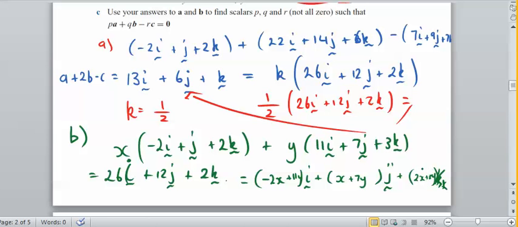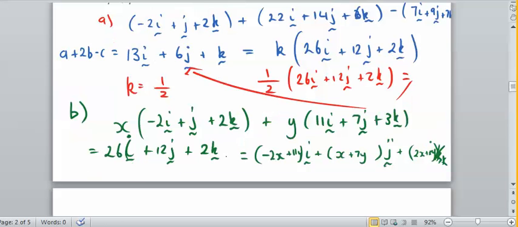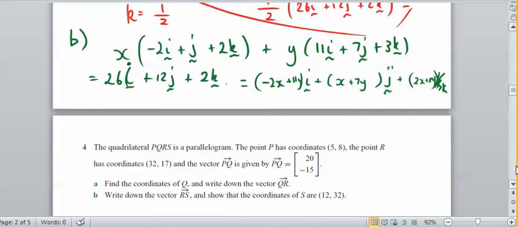Okay, so what are you going to do here, guys? What do you have to do? I wish I had more room here.